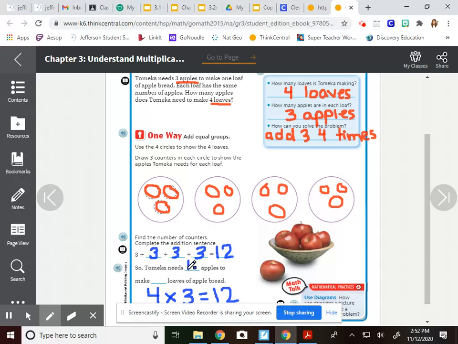So Tamika needs 12 apples to make 4 loaves of bread. Okay, so we drew a picture to help us solve. We knew we needed 3 counters in each group. We knew we needed 4 equal groups based on the information in our word problem.